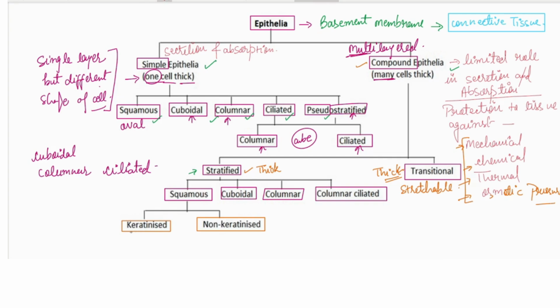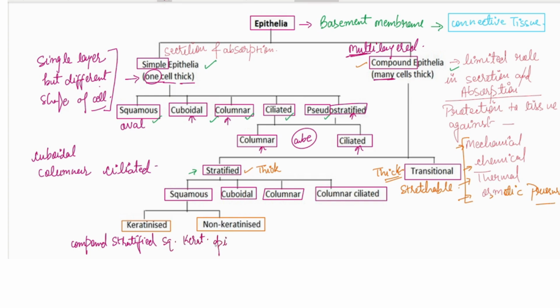We will call the keratinized epithelium the compound stratified squamous keratinized epithelium.